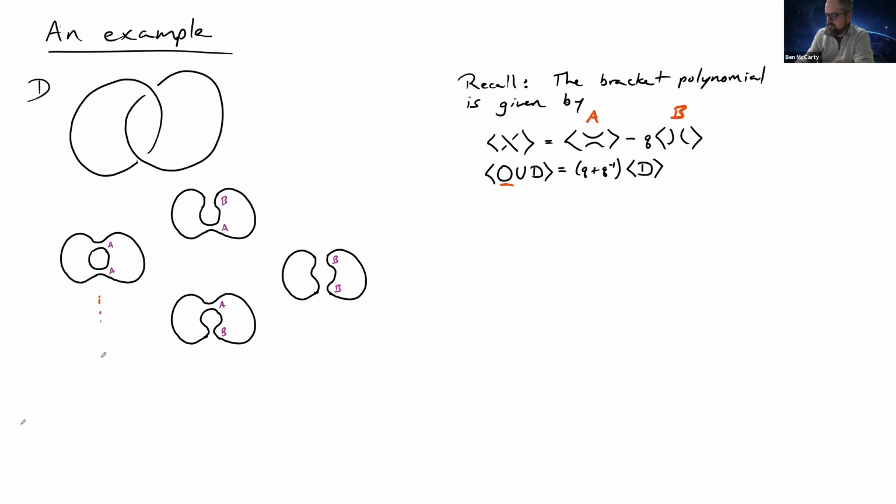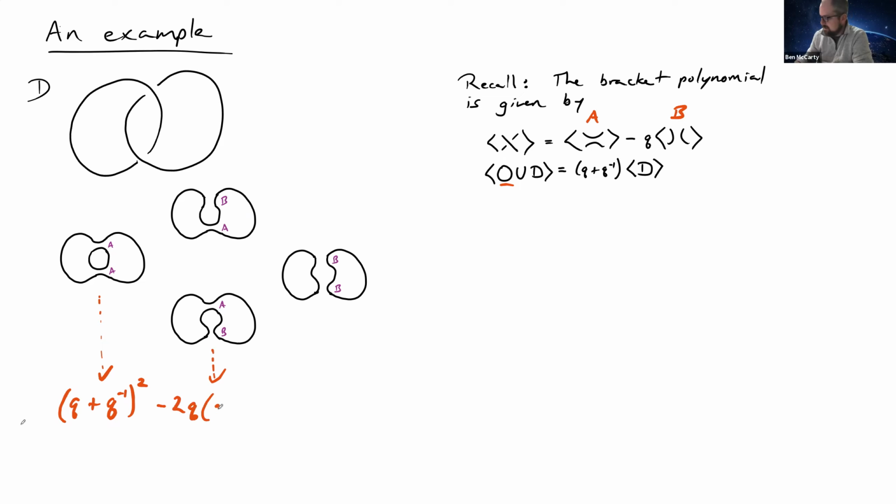smoothing at the end. And if you look at the contribution from this state, what we've got is Q plus Q inverse squared. For the middle two states, for each one of those, there's going to be a minus Q, and we've got two of them.